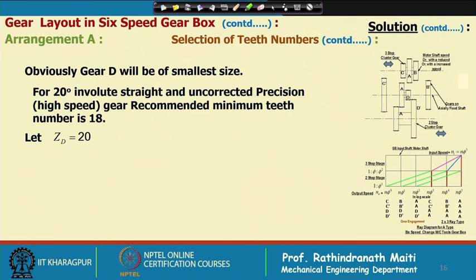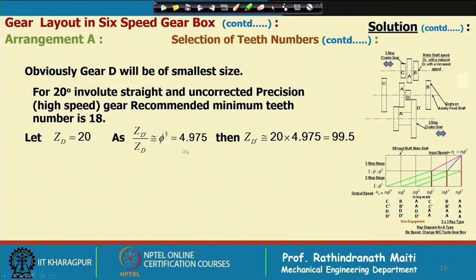Sometimes it is preferred that we take a multiple of 10. So, 20. In this case, I have shown that I have taken 20. This means that as Z D dash by Z D is equal to phi cube, then Z D dash is equal to 20 into 4.975.